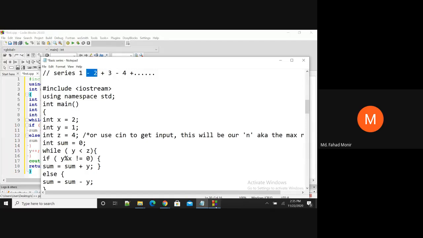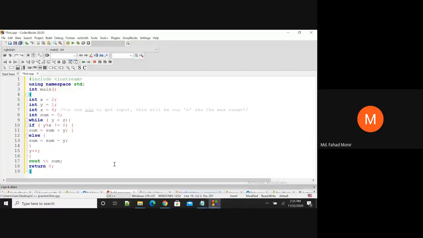So here you see, it will be the same as before, just a few things will change. Let's see what changes. We are taking a sum, like before. Here z is just the user input, and I can take it as c in, right, like before. So we don't have to take it like this, we can make a small modification in this code.